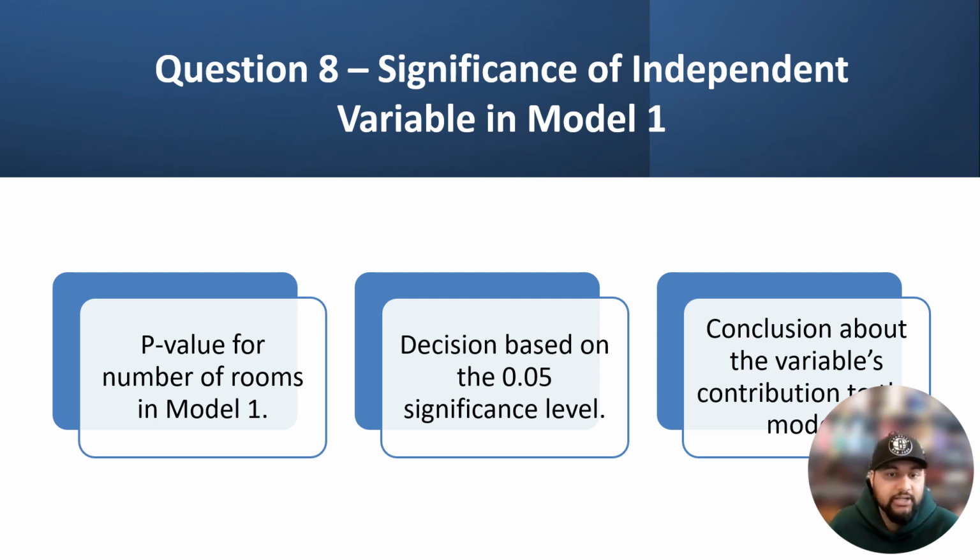This finding means that the number of rooms has a measurable effect on house prices despite the model's low R-squared value, indicating it explains only a small part of price variations. The number of rooms remains an important factor in determining house prices. This highlights the need to explore other variables to improve the model's overall explanatory power.